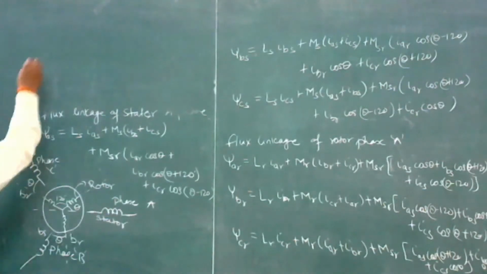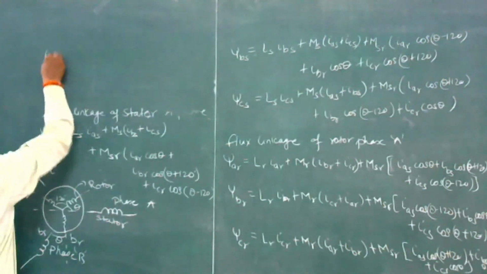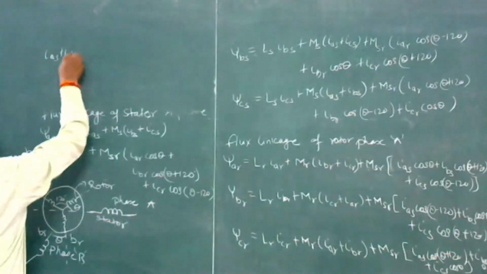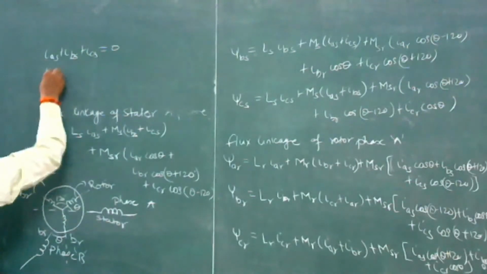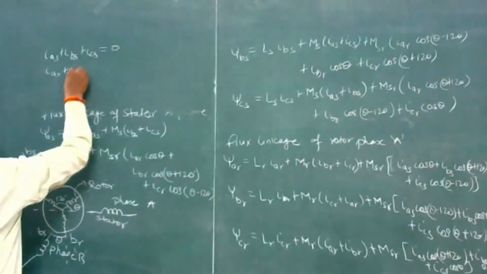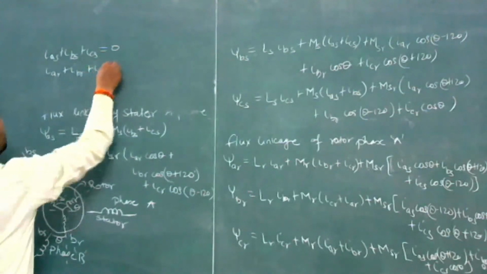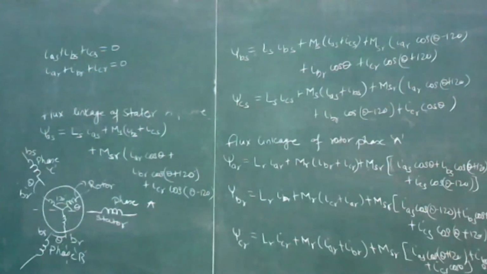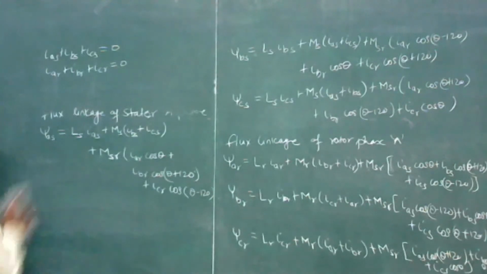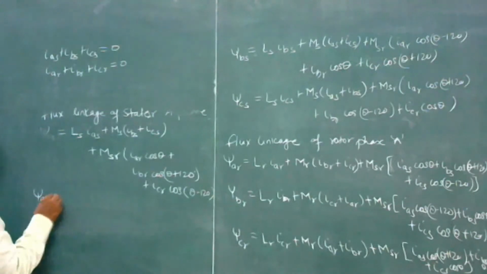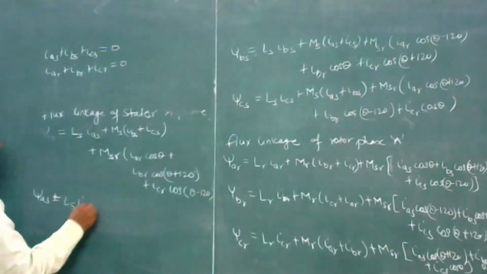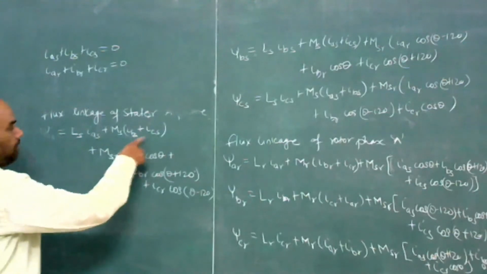So the current condition: IAS plus IBS plus ICS is equal to 0, and IAR plus IBR plus ICR is equal to 0. Let's suppose this equation. So psi AS is equal to LS IAS plus MS times IBS plus ICS.